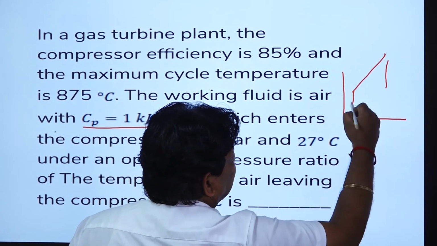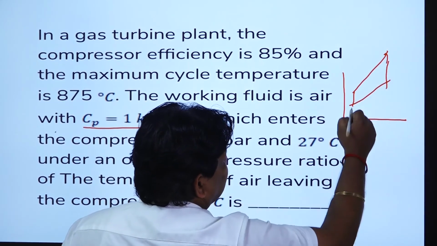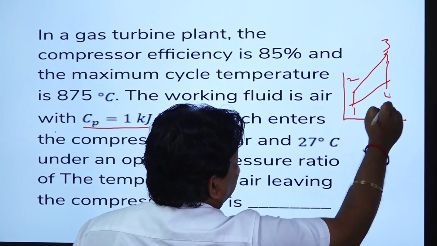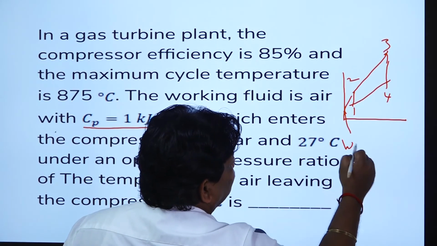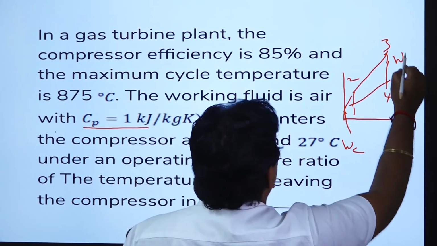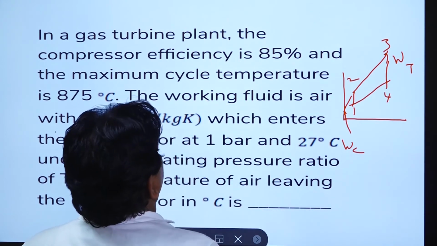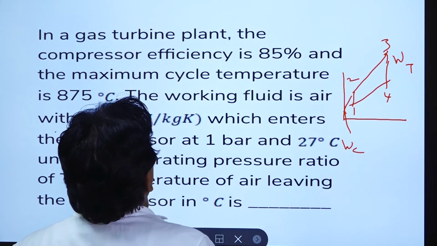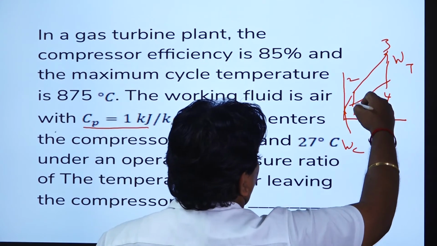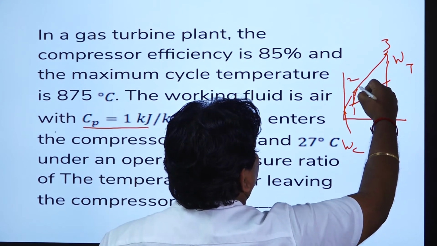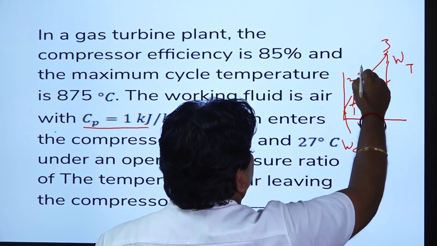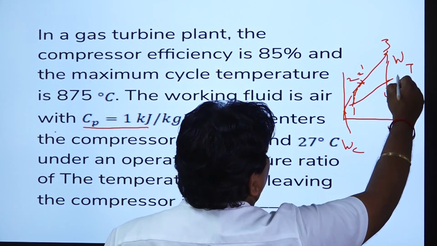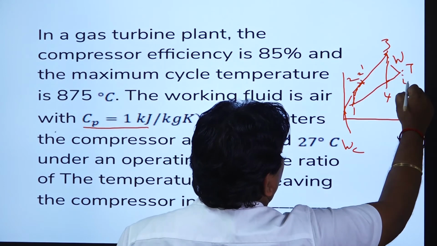So you can see in this diagram, the T-S diagram 1, 2, 3, 4, this is the work done by the compressor and the work done by the turbine. The compressor efficiency is given to you, it is 0.85. So it will be like this, the 2 dash, and here it will be like this, 4 dash.